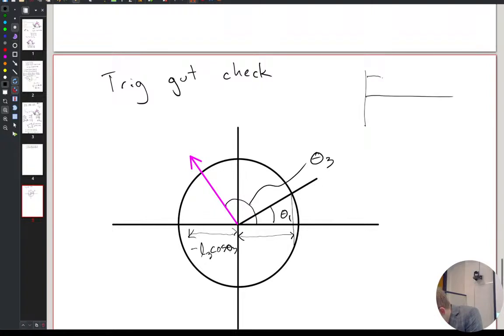Looking at the cosine curve up to 2 pi, not a great cosine curve, but we're somewhere in here, right? Quadrant 2, so cosine values are all negative.